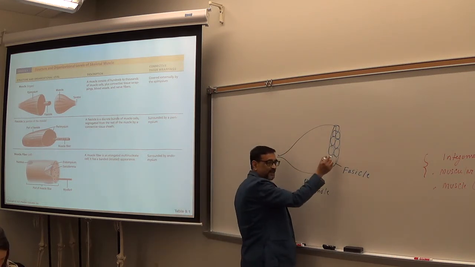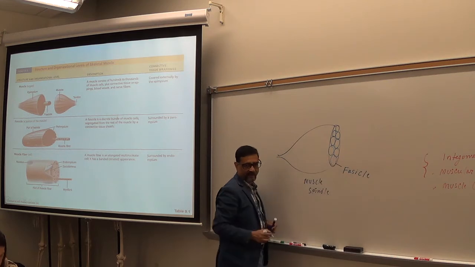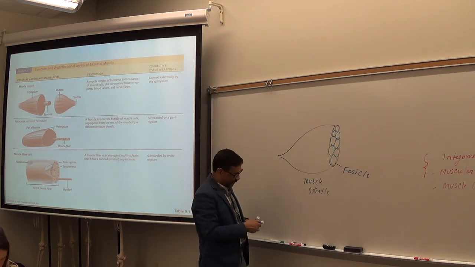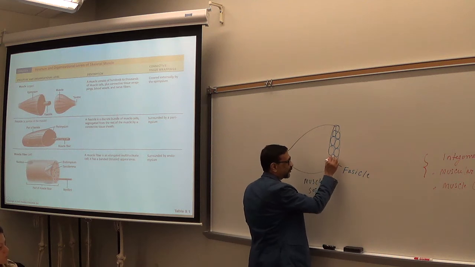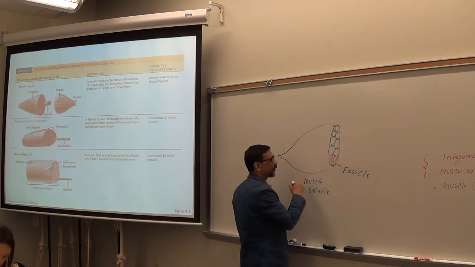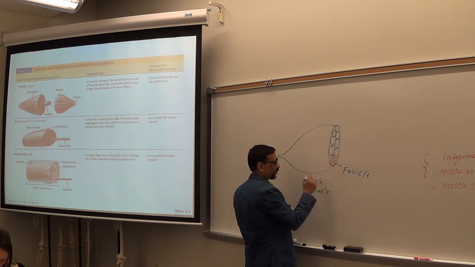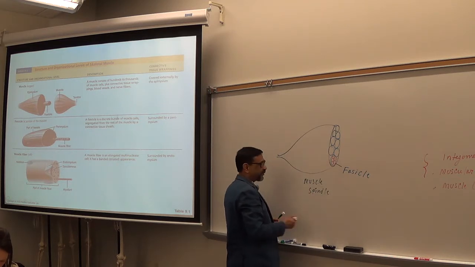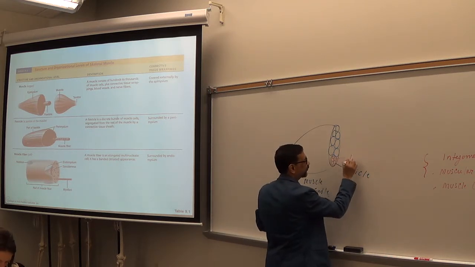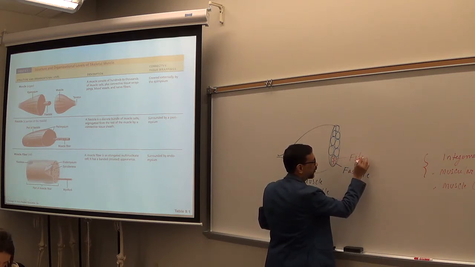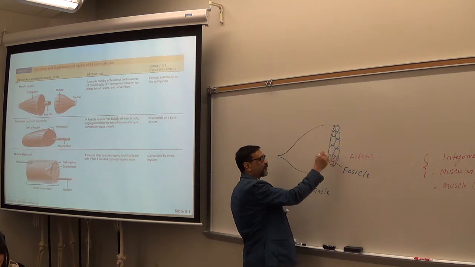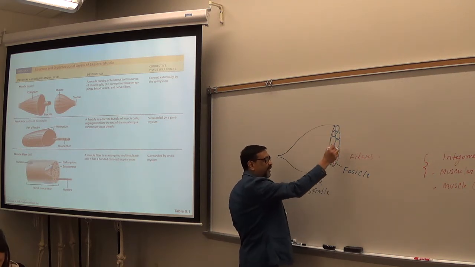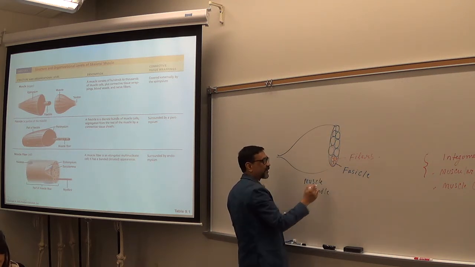Now if I look inside the fascicle, again I'll see columnar structures, and these are called muscle fibers. So inside the whole muscle you have fascicles. Inside the fascicles you have muscle fibers.